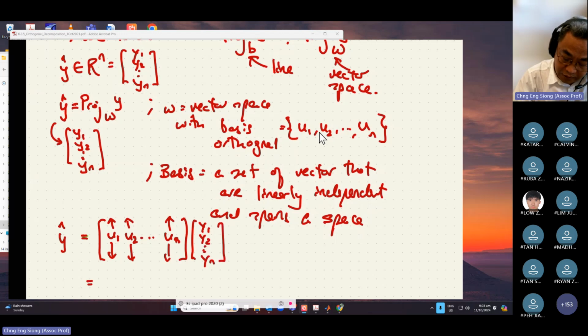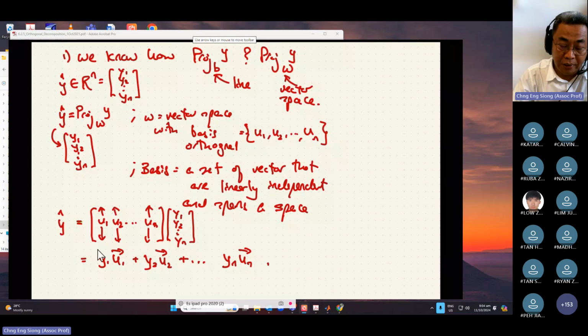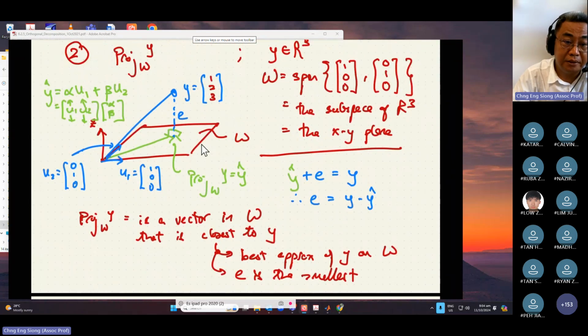And therefore this is actually y1 the scalar times u1 the vector, plus y2 the scalar times u2 the vector, plus yn times un. Finish. So the y hat is being approximated by this basis.